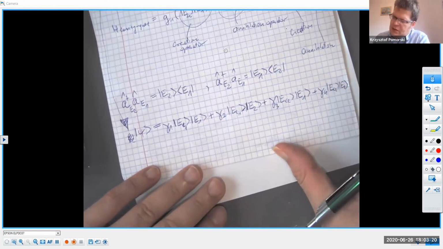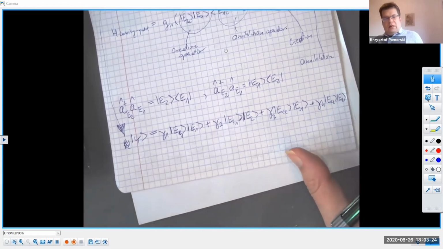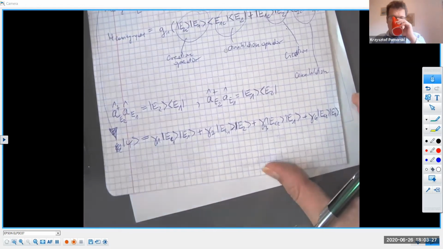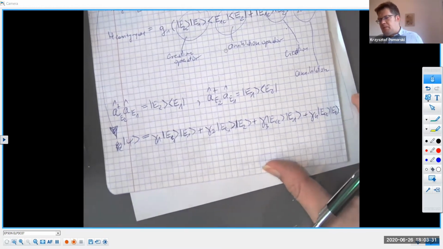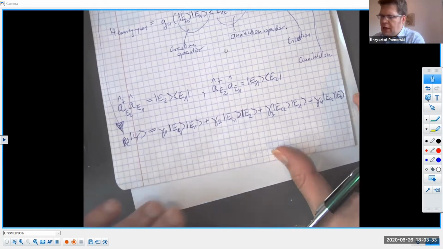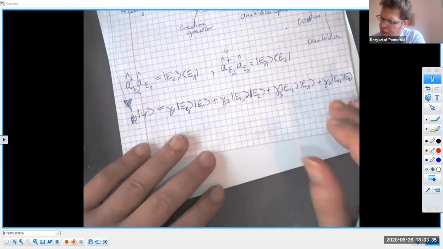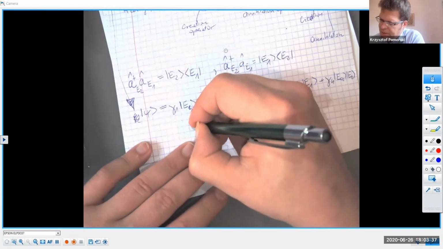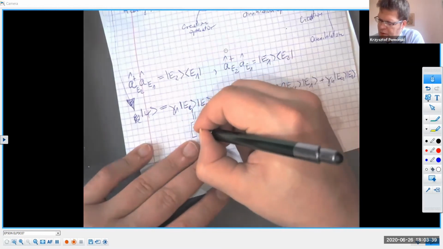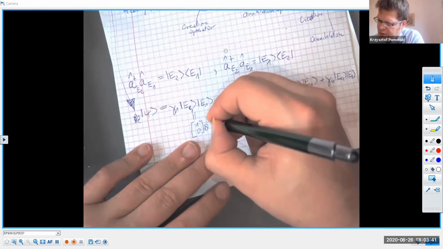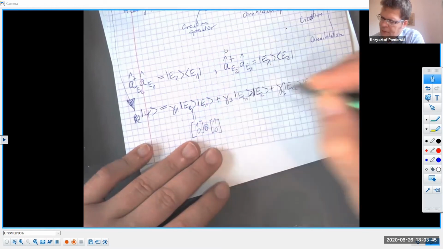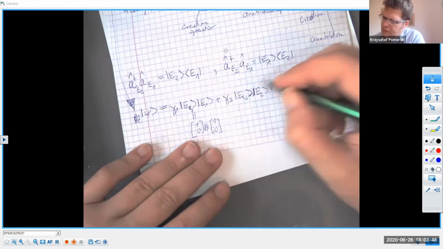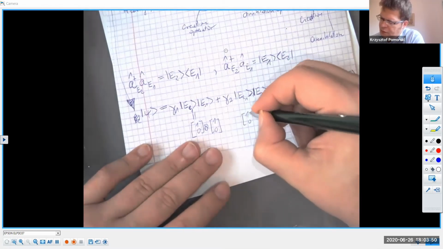Such a state of the quantum system can be represented in such a way. And now we can write this guy in such a way, and so on.